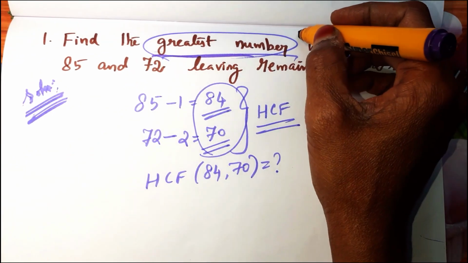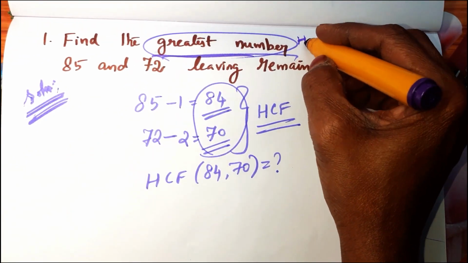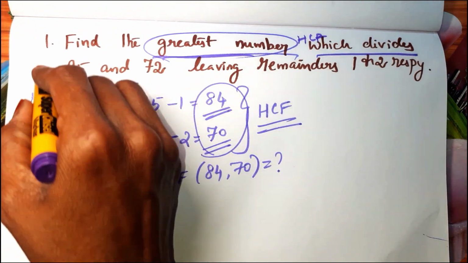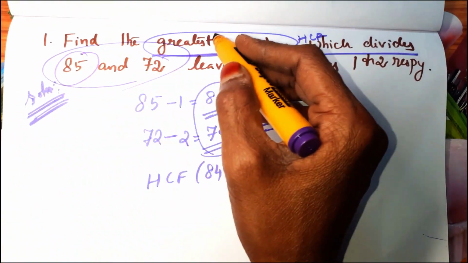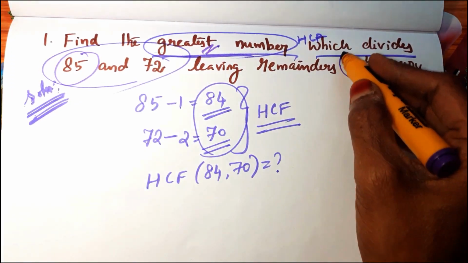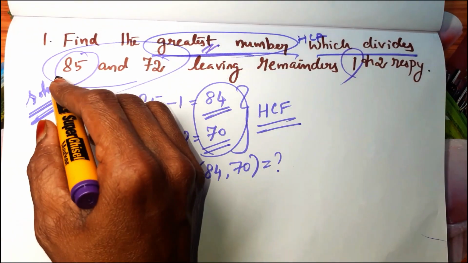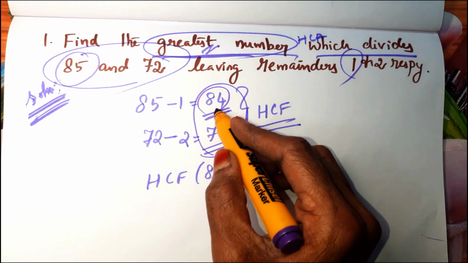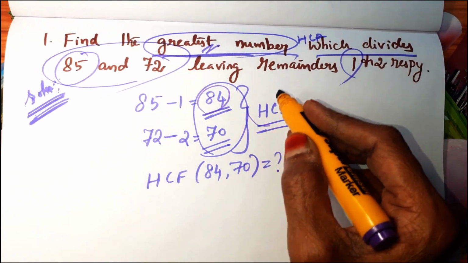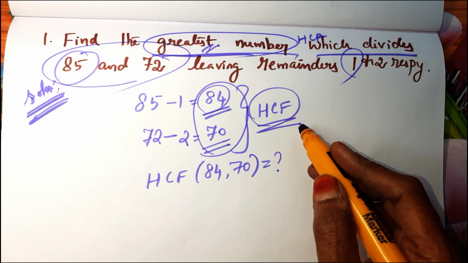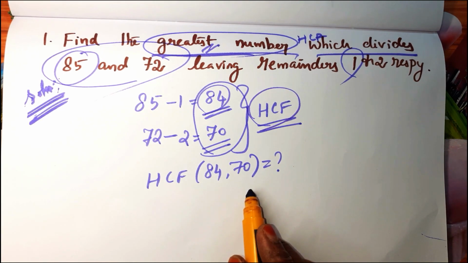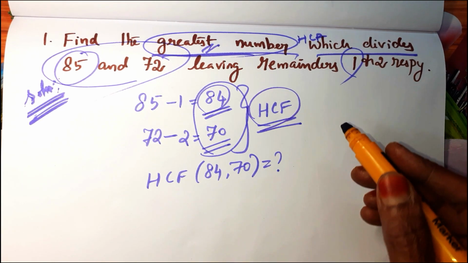They have given this number. When it is divided by this number, it leaves the remainder 1. So this minus remainder will give the number which is exactly divided by this one, leaving the remainder 0. Okay. So we are going to find the HCF of 84 and 70.